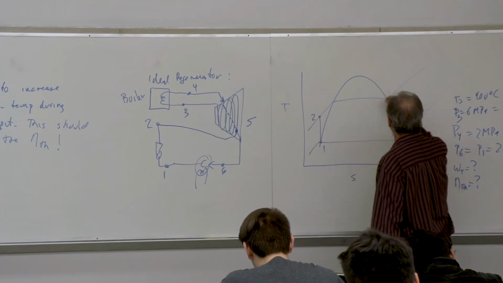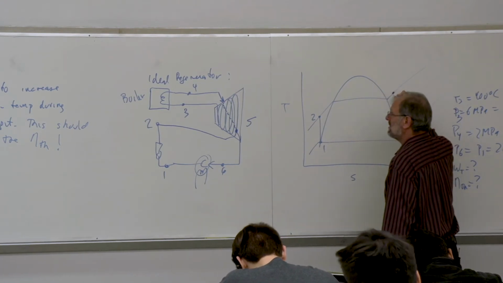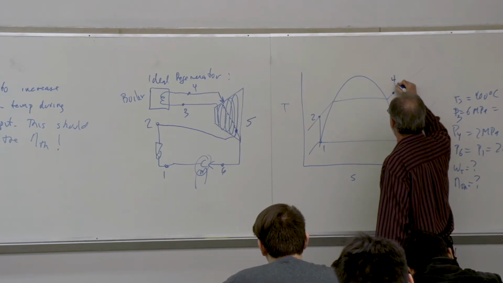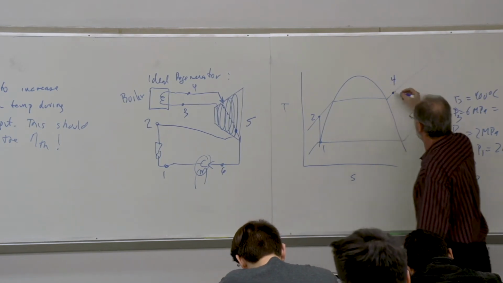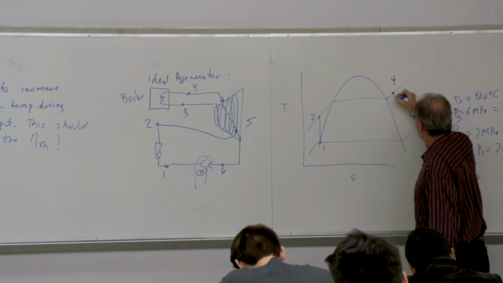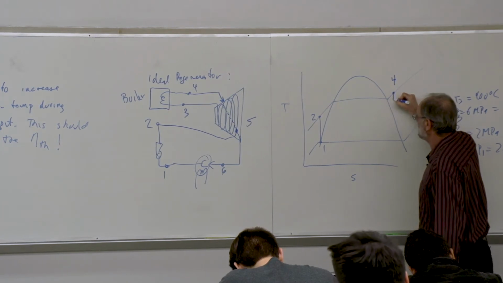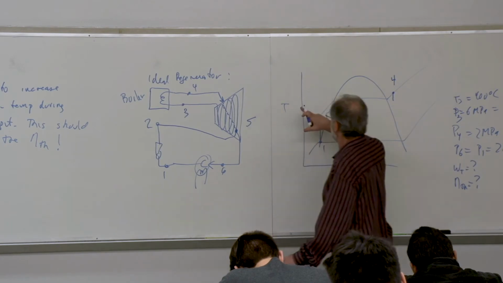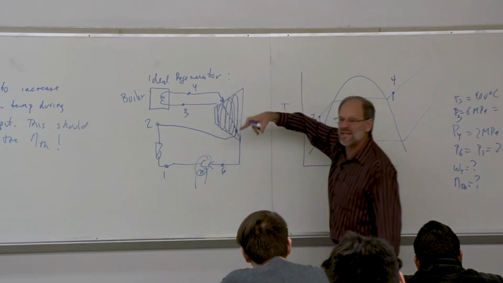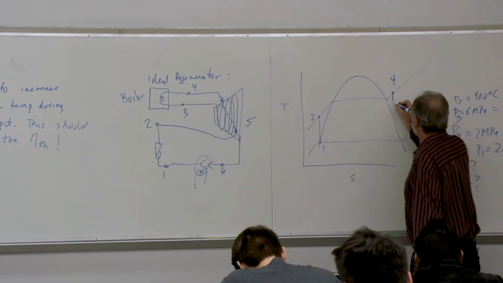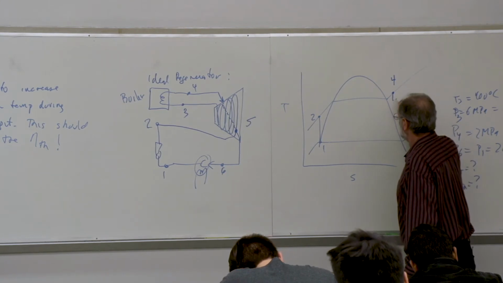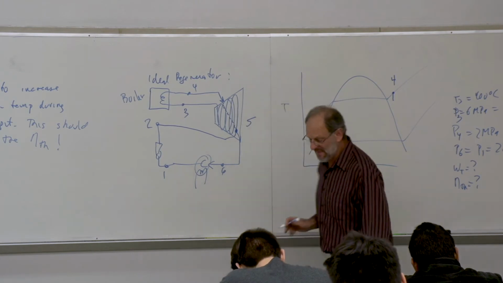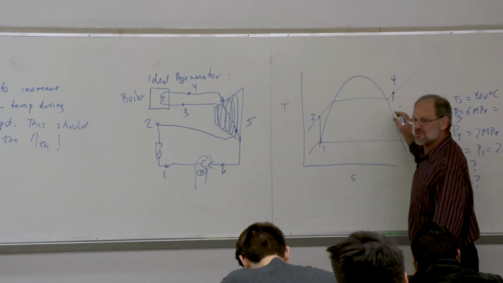And then what enters the turbine is going to be over here at point 4 somewhere. So as the steam starts passing through the turbine, at first it's just going to be an isentropic process, but eventually it's going to start to see the tubes, the windings, if you will, on the outside of the turbine. So at this point, the temperature is going to start to drop even more, and it's not going to be isentropic anymore.